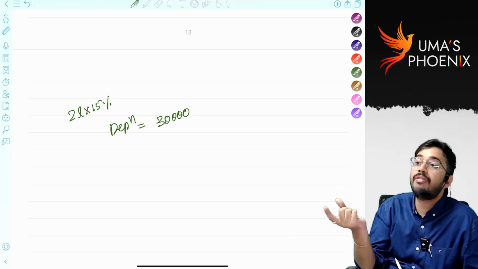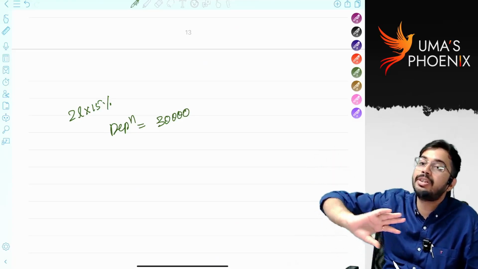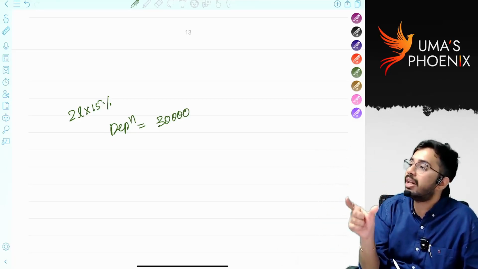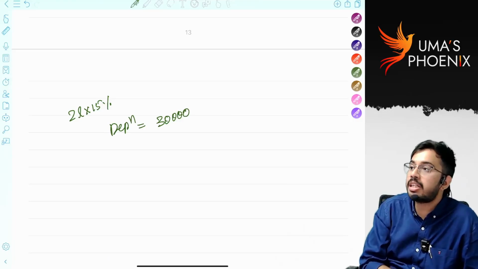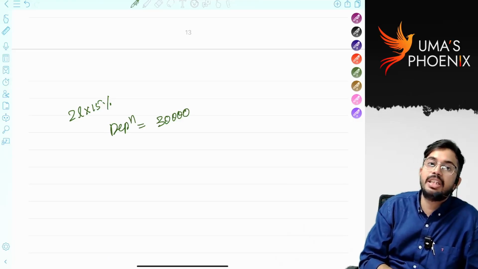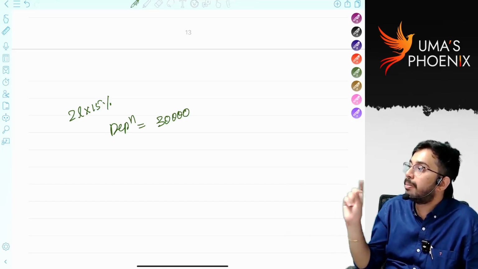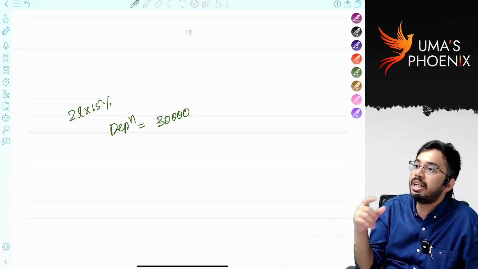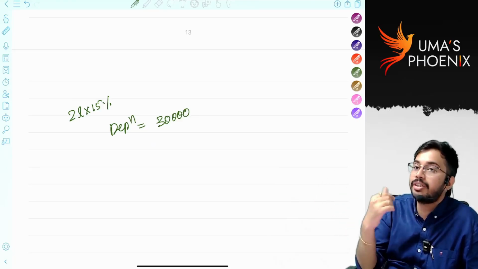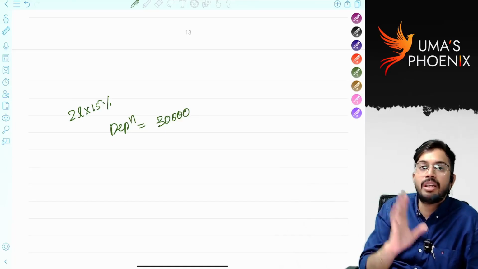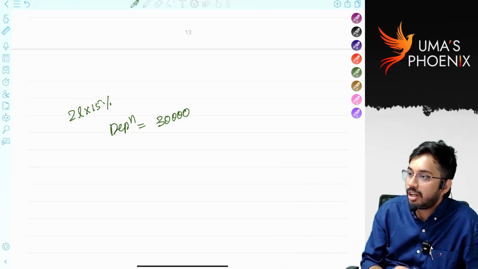So depreciation of total 30,000 is allowed as expenditure, and after allowing 30,000 depreciation as expenditure, whatever the balance income is there, that is to be apportioned between agriculture and business in the ratio of 65 is to 35. Is it clear? So as it is used for both purposes, total 30,000 is allowed as expenditure, and total 30,000 will be reduced from written down value of the block. Is it clear?